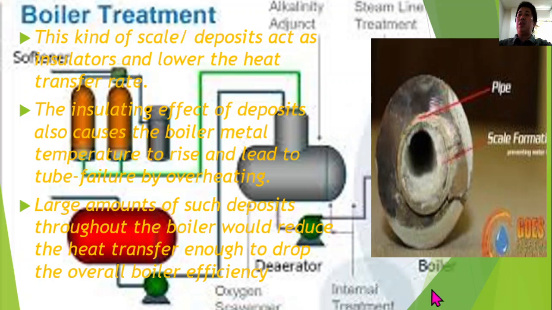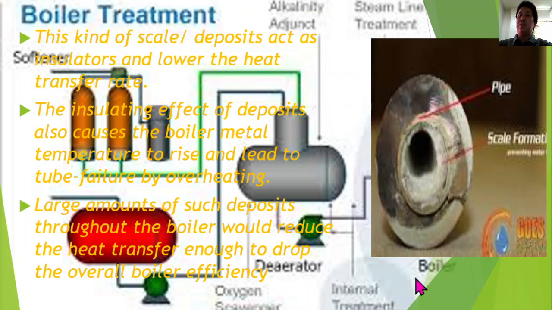Efficiency means it is in relation to the use of fuel to the work done by that boiler. So if you burn a lot of fuel to boil that water, that is not fuel efficient. Fuel efficient is when you boil the water normally without any problem, and you consume less fuel.